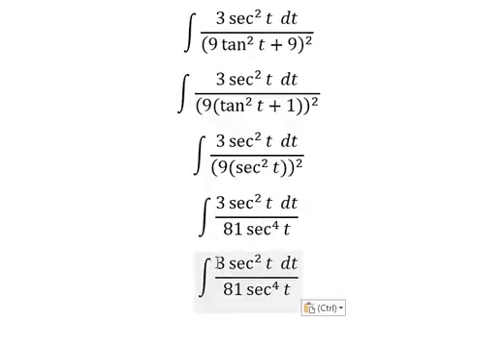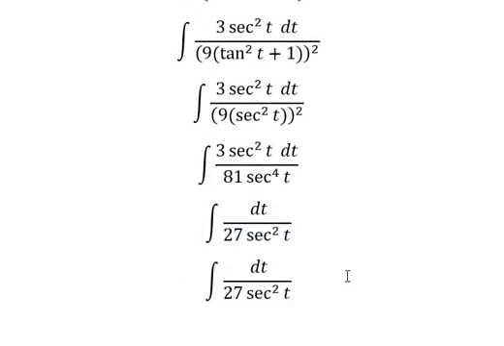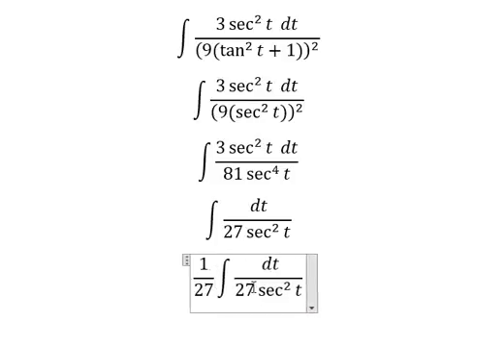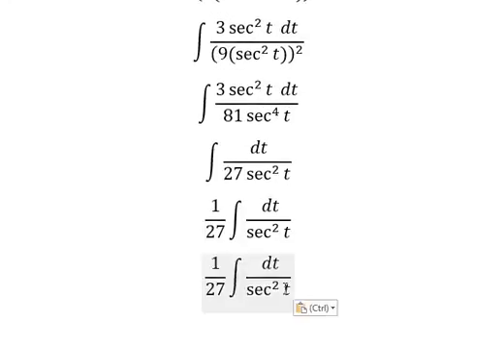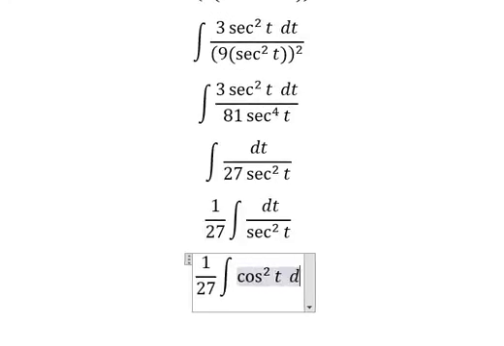Now we need to simplify 3 secant of t square on numerator and denominator. So I will put number 27 go outside. So this one we have cosine t square dt.